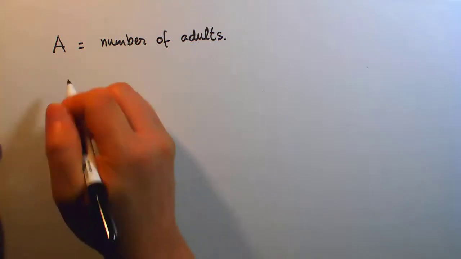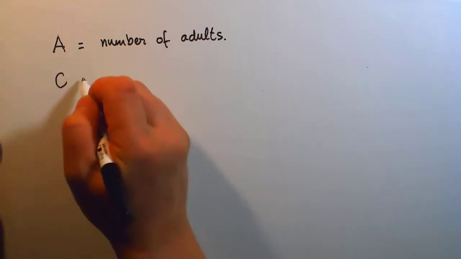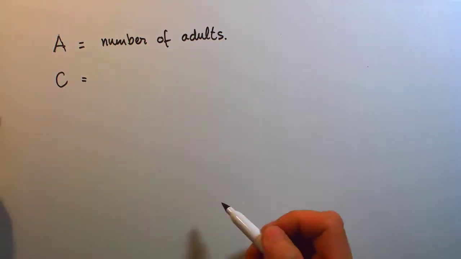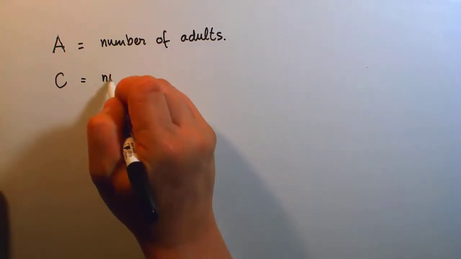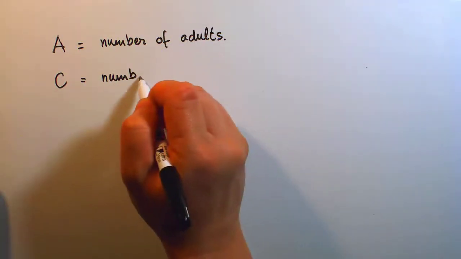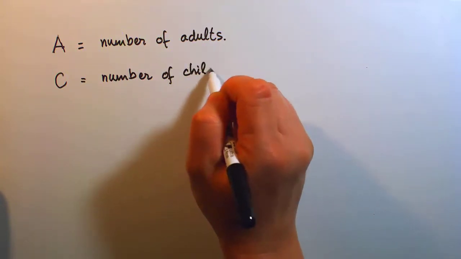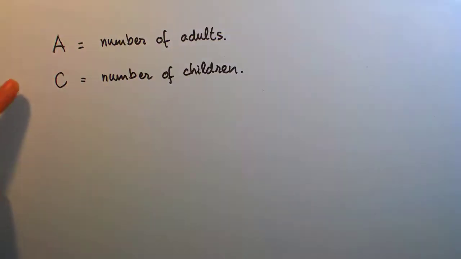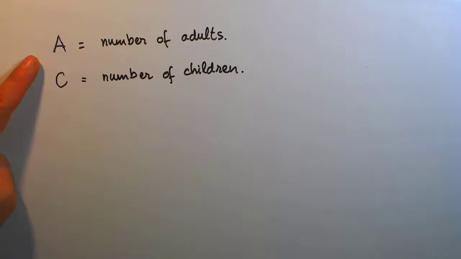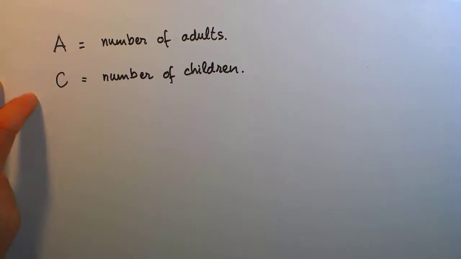And I'm going to use a capital letter C to be the number of children. After we carefully check through the wording of the problem, we are sure we only have two variables, and we have identified and named them all.